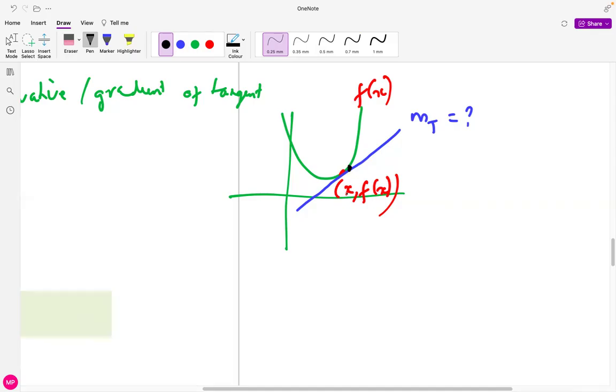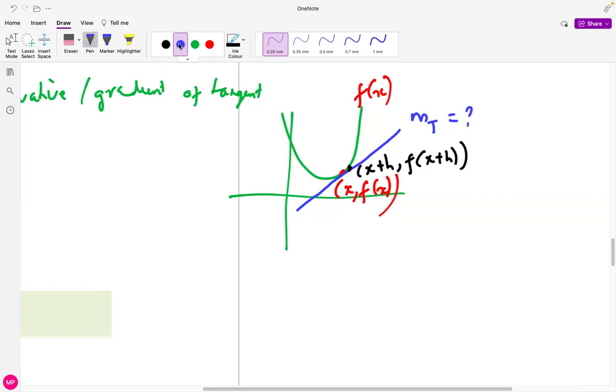So if this is x, then this black one will be x plus h, and assuming h is very, very small because the points are very close to each other. So x plus h is the x-coordinate, and if you substitute that in, you get the y, which is f of x plus h.